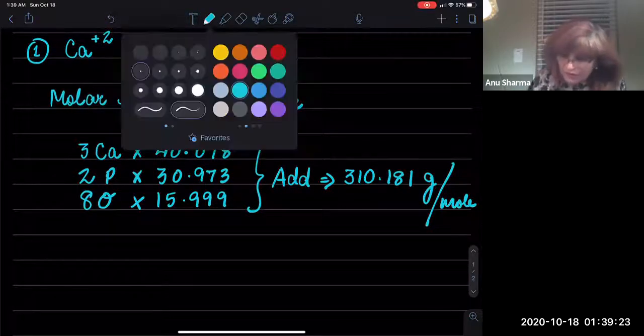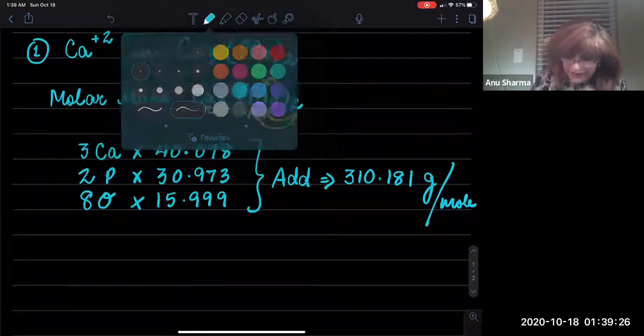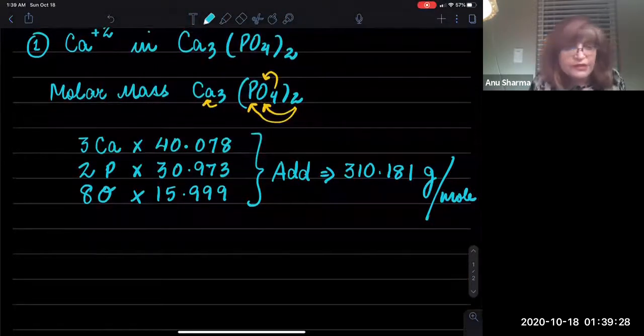Now we are going to get the percentage of calcium, how much calcium percent is present.